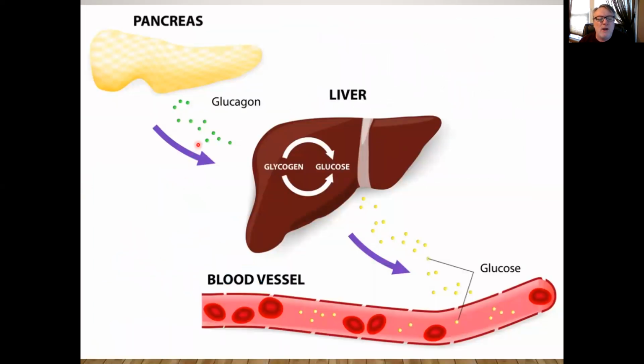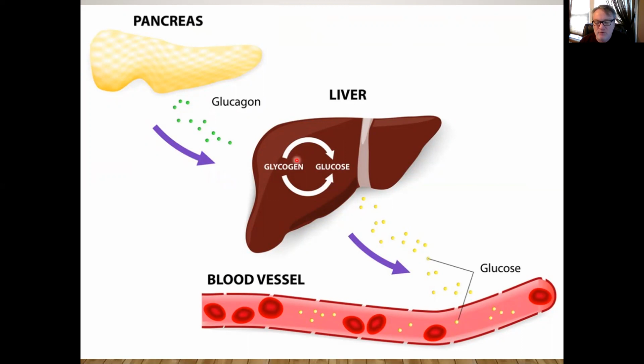Now, where do we actually produce glycogen? Well, if you remember, we talked previously about one of the negative feedback systems of blood sugar control. In the case of low blood sugar, the pancreas releases a hormone called glucagon that travels through the blood to the liver.